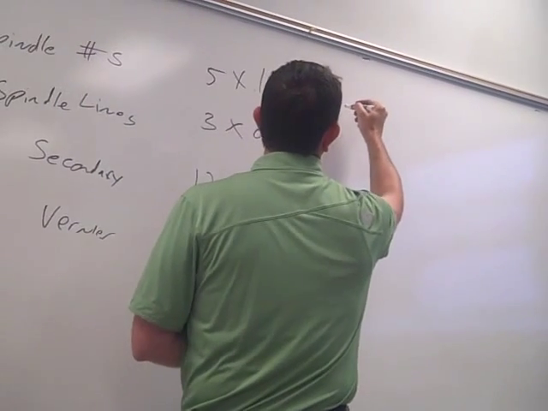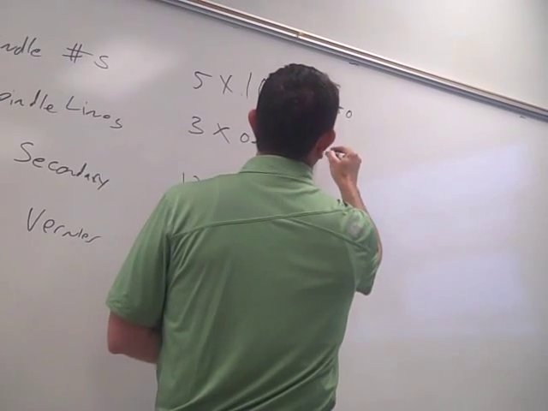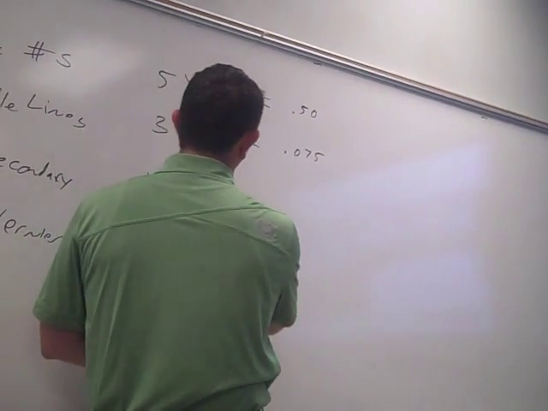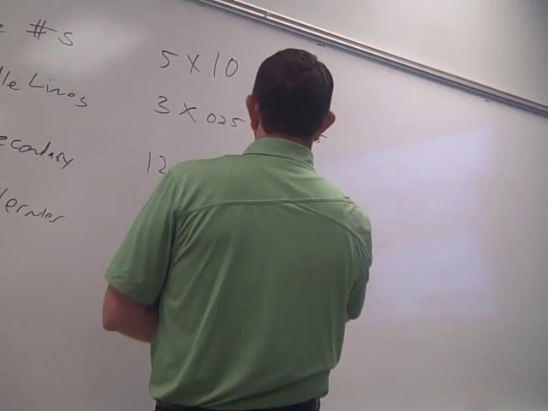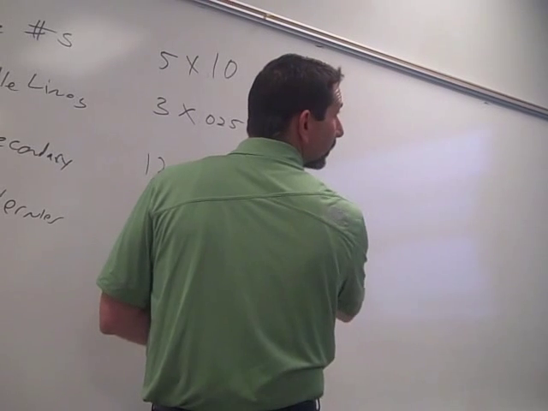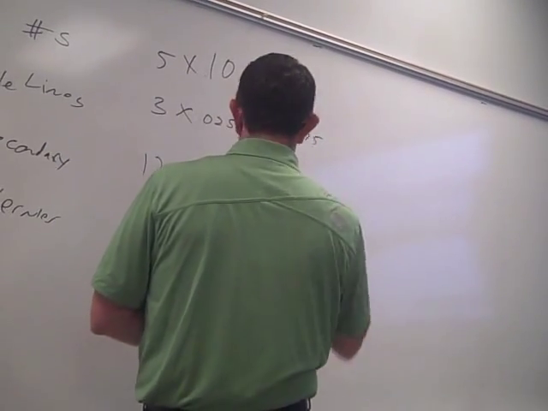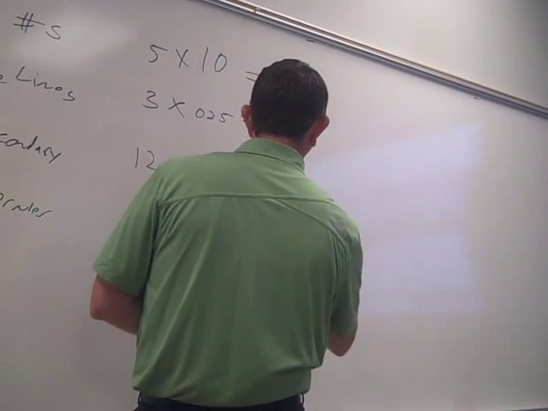Now we simply multiply across. 5 times 0.10 is 0.50. 3 times 0.025 is 0.075. 12 times 0.010 gives us 0.12. Thank you, 0.0120, and then 5/10,000ths of an inch.